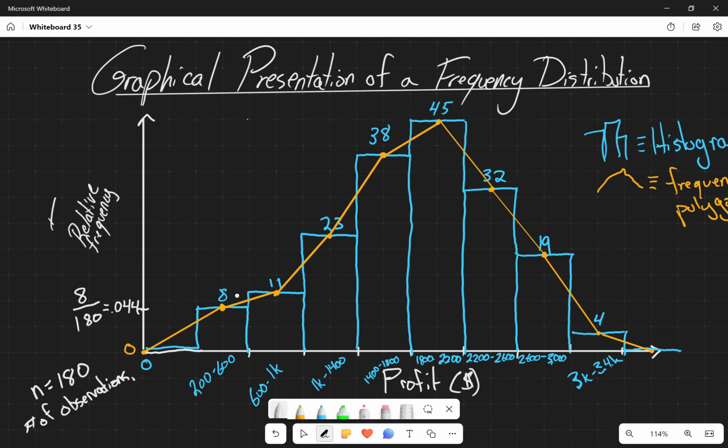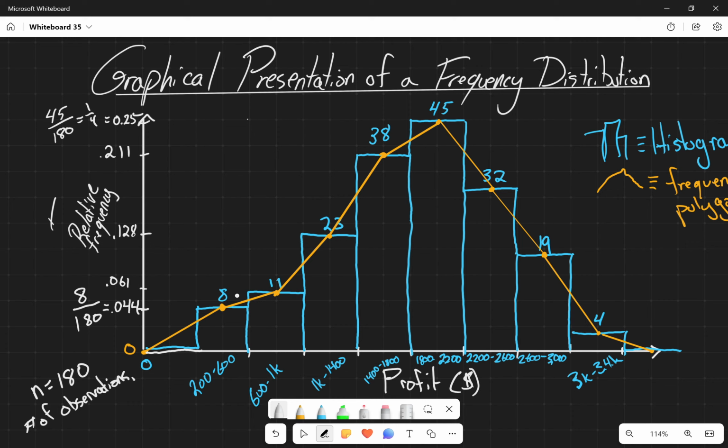So we do the same for all of these values here. 11 out of 180 gives us 0.061. This gives us 0.128. This one is 0.211. 45 divided by 180 is 1/4, so that's going to be equal to 0.25.